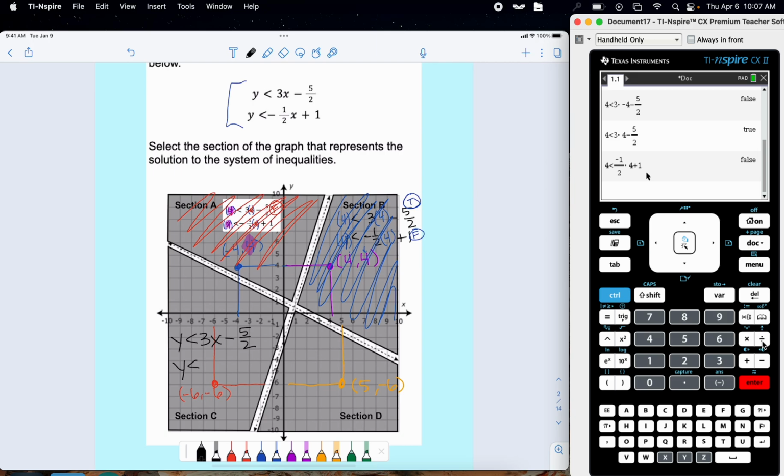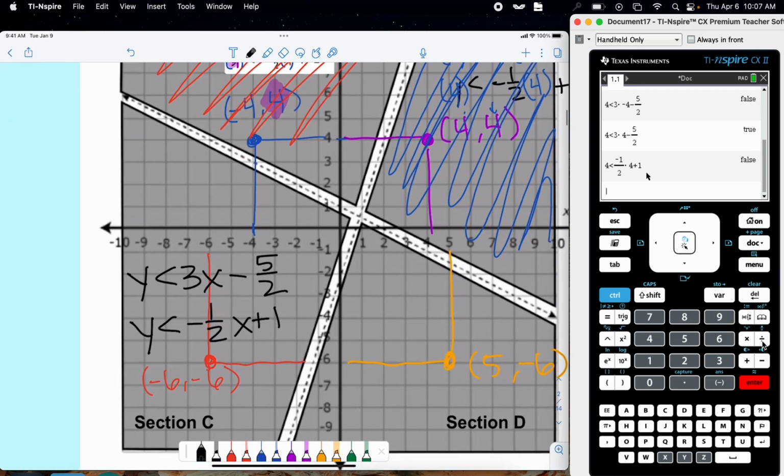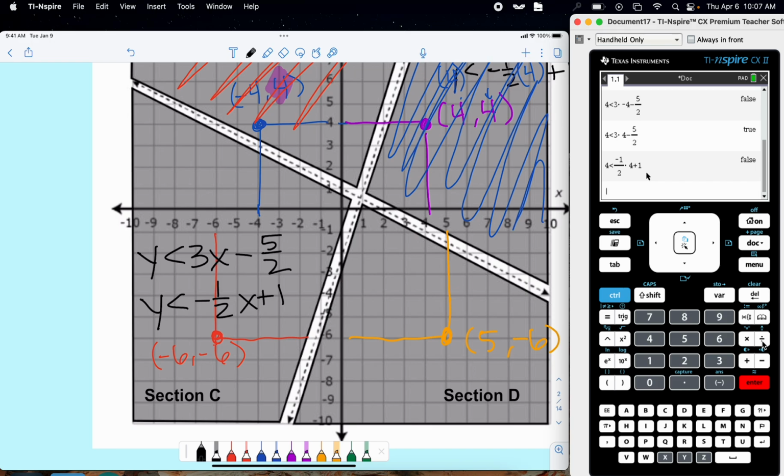We have y less than 1/2 x plus 1. So anywhere I see a y, I'm going to replace with a -6. Anywhere I see an x, I'm going to replace with a -6. So I have -6, -6, -6, -6.